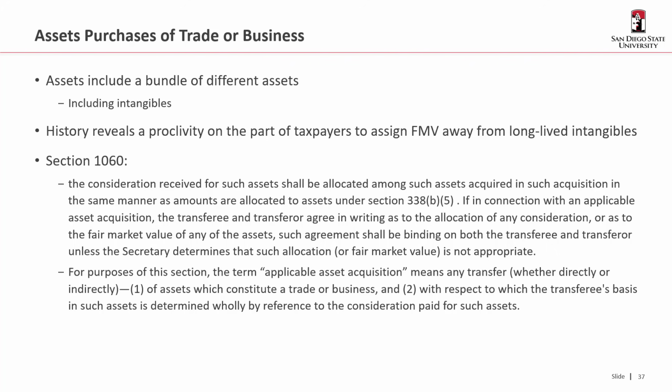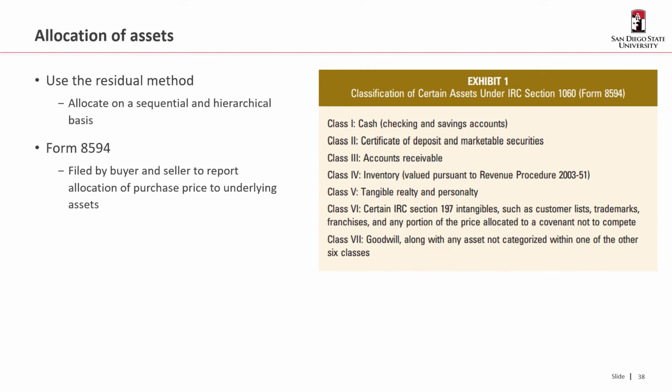Such agreement shall be binding on both parties unless the Secretary, which is the Secretary of Treasury, determines that allocation is not appropriate. Okay, so for purposes of this section, the term applicable asset acquisition means any transfer of assets which constitute a trade or business with respect to which the transferee's basis in such assets is determined wholly by reference to the consideration paid for such assets, which would be the case in, of course, an asset acquisition.